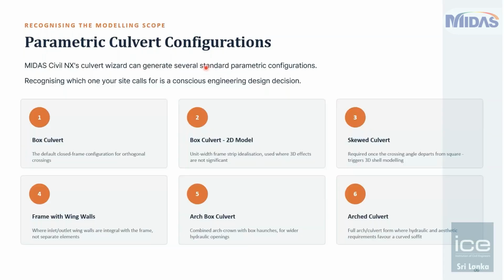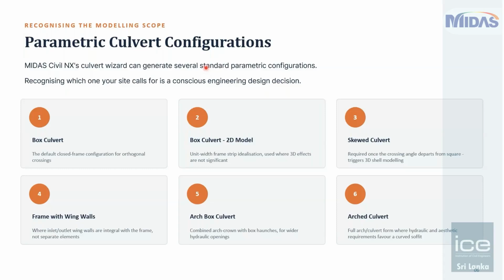Now in MIDAS Civil Annex, we have different wizards that can help you easily generate the geometry and some of the most common loadings in the box culvert. Not just the box culvert, you can also generate other geometries of culvert. First would be the box culvert, the default closed frame configuration for orthogonal crossings, of course. Second is the box culvert 2D model as well, which will again use the unit width frame strip idealization.